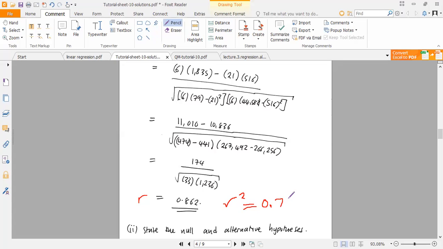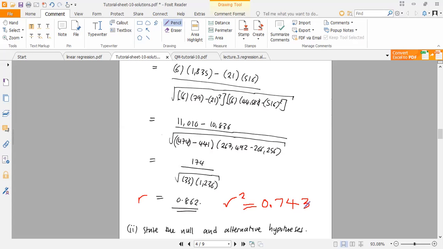So what does this mean? 0.743? It's a strong correlation. Yes, but specifically, it means 74%. So what we have found now is the coefficient of determination, right?